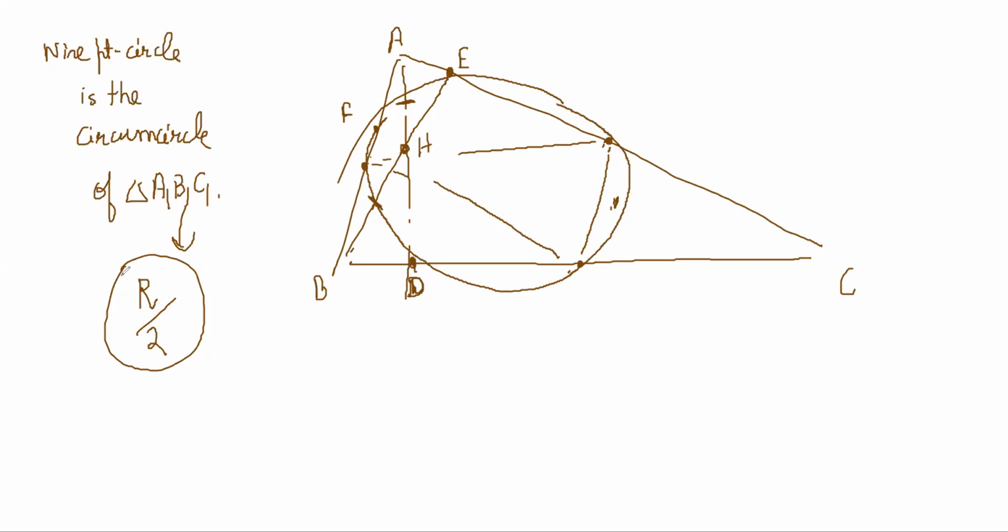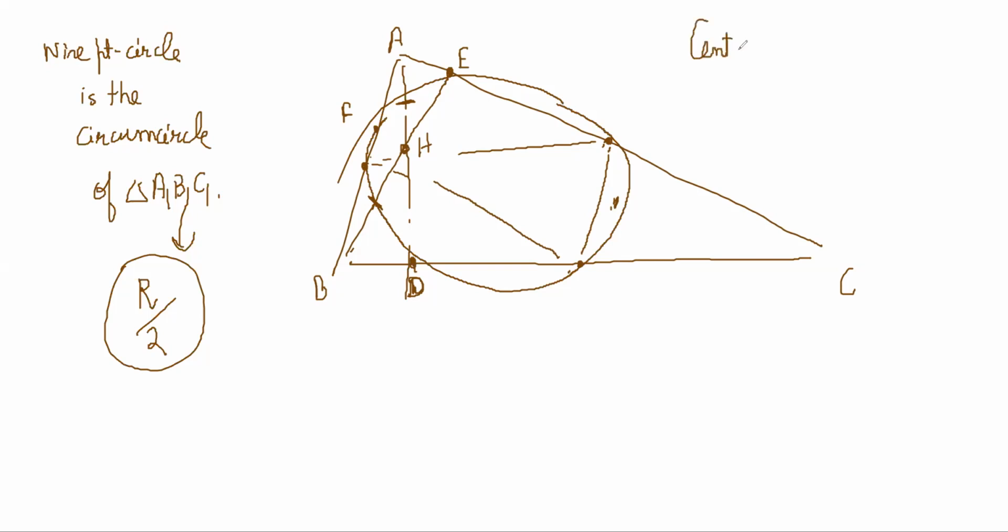Radius is R by 2 we got, and the center of the 9-point circle will be the midpoint of OH.